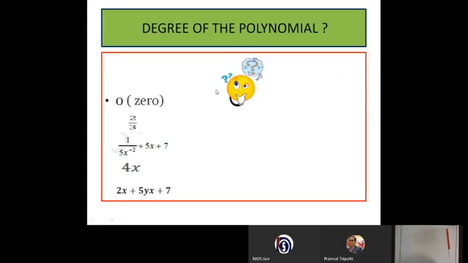Now, again, you have to find the degree of the polynomial. I have taken some examples here: 0, 2 upon 3, 1 upon 5 into x minus 2, plus 5x plus 7, 4x, and the last one is 2x plus 5xy plus 7. Now you have to find the degree of the polynomial.